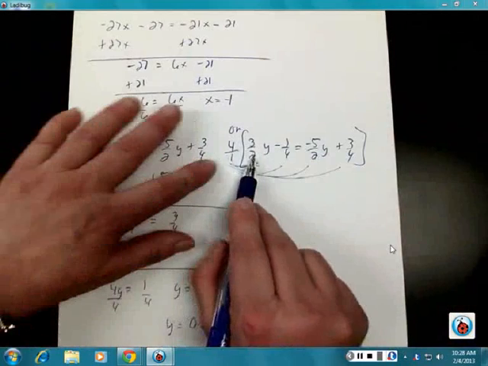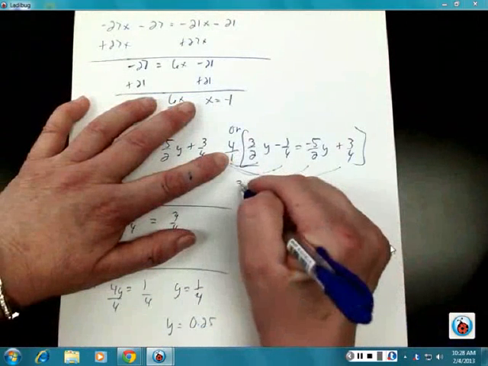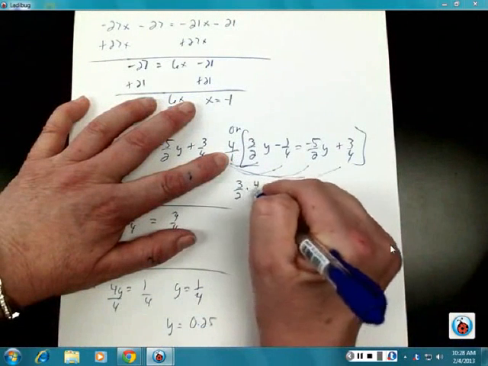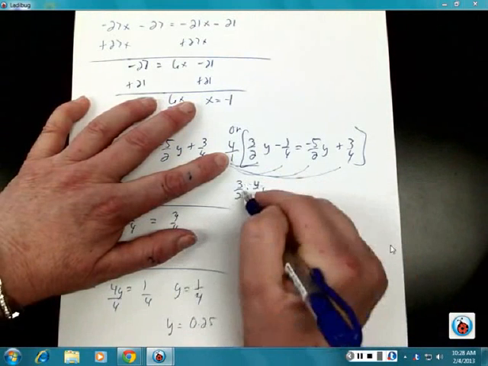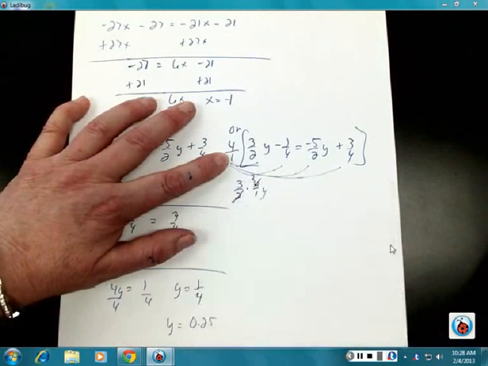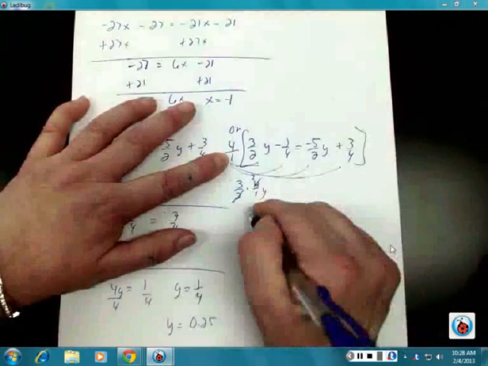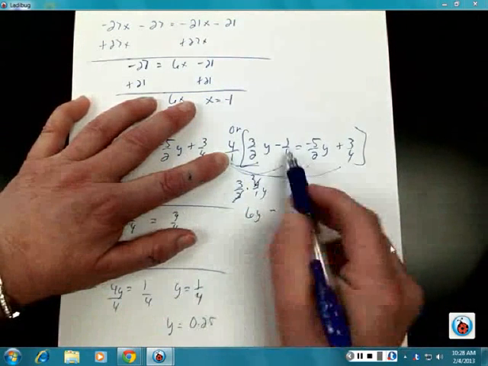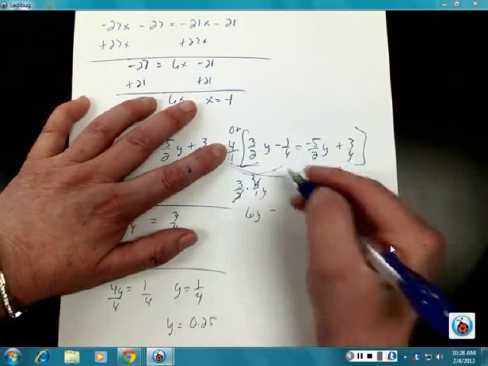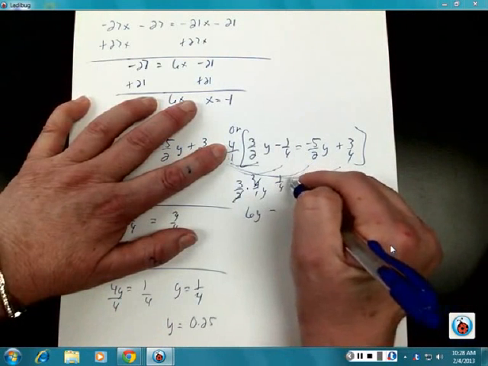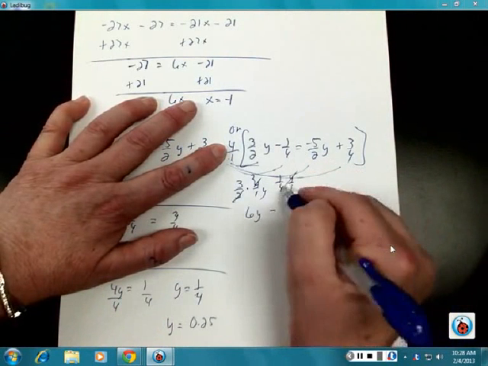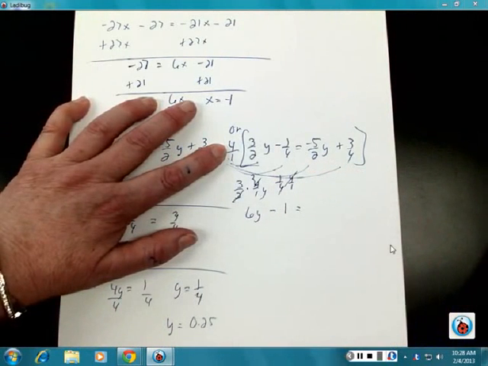So if I multiply 3 halves times 4/1, notice what happens. The 2 and the 4 cancel. 2 times 3 gives me 6y. Quarter and a 4, so 1/4 times 4/1. The 4's cancel, leaves me with 1. You okay with that or not?